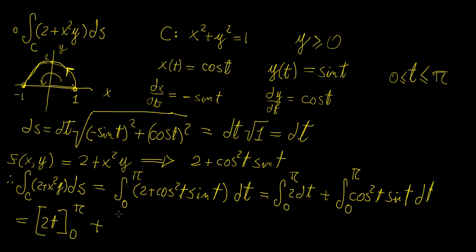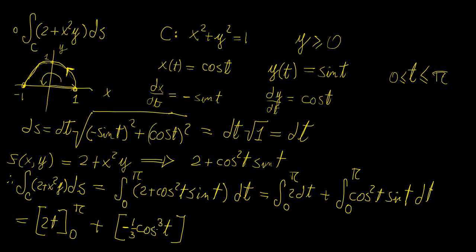And then for the second one, we're going to use substitution. So let u equal cosine of t such that the derivative equals minus sine t dt. And then we find that this is actually going to turn out to be minus 1 over 3 of cosine to the power 3 t.